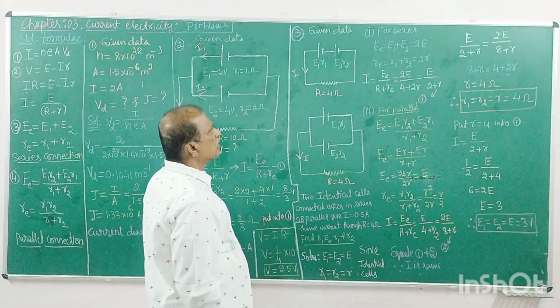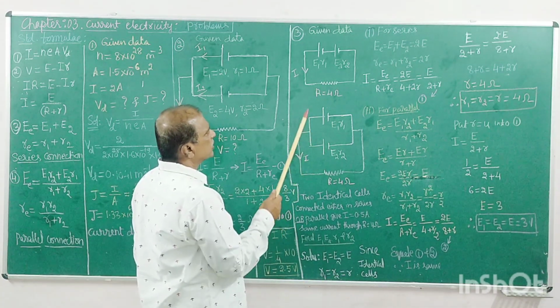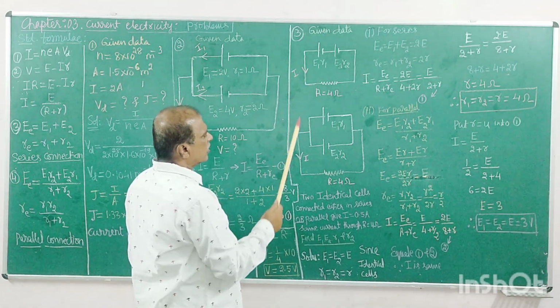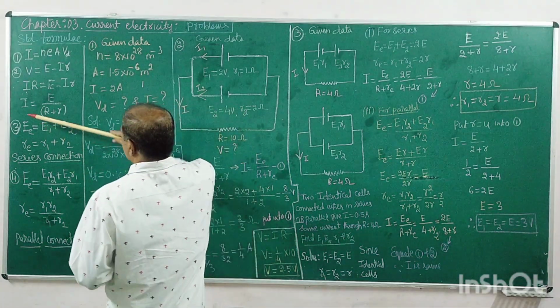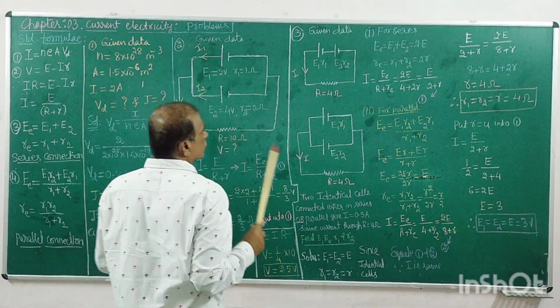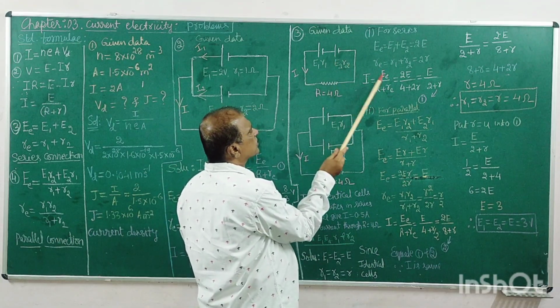Then look at these two circuits. Calculate the value of I. The same equation can be used: I equals E divided by R plus r, with effective values since there are two cells.